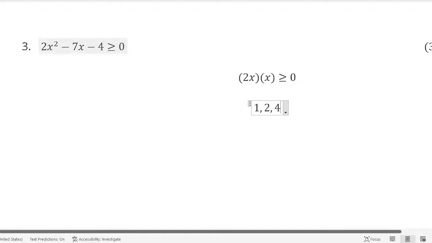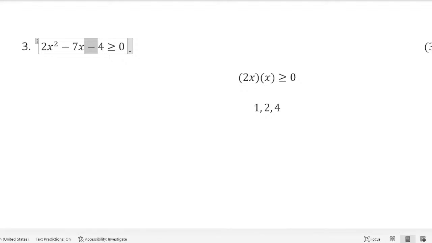Remember, if the last term is negative, we'll have two different signs. Then the bigger number will take the sign of the middle term, right? So if the last term is negative, which means we have to minus the factors of the last term to get the middle term.